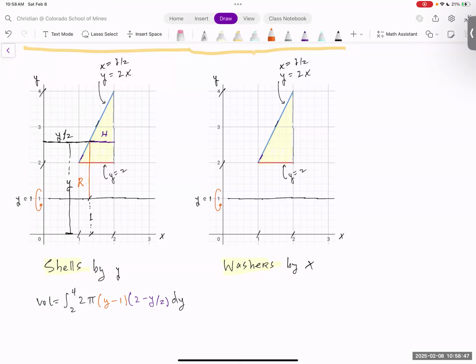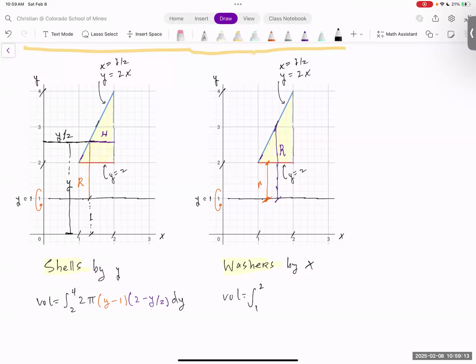Washers, we have an inner radius here, and we have an outer radius from the axis of rotation. So we went from the axis of rotation to the lower curve, and from the axis of rotation out to the upper curve. That's our big R. So volume by x, we're integrating by x, and the radii go from the x bounds 1 to 2.